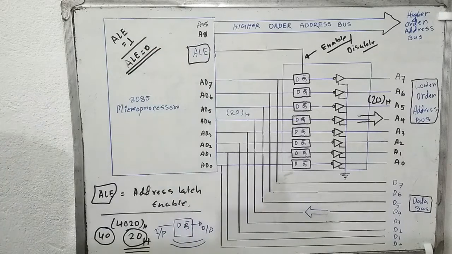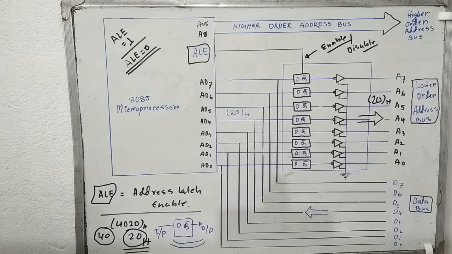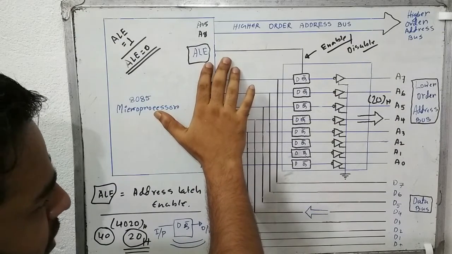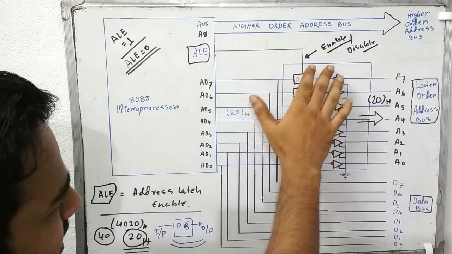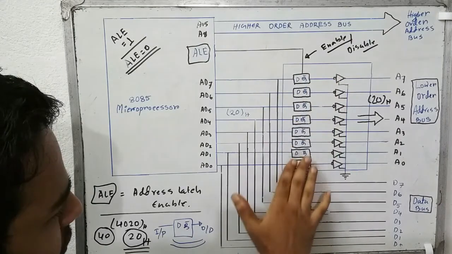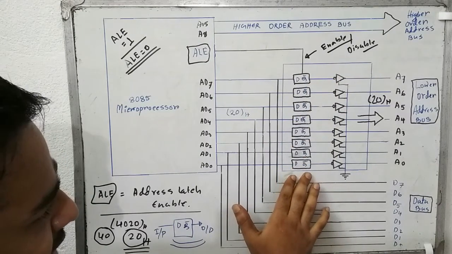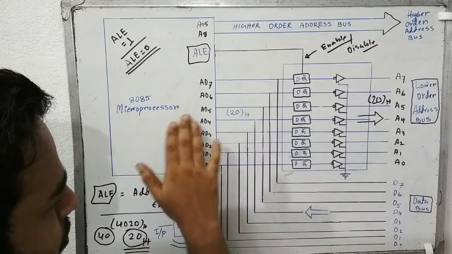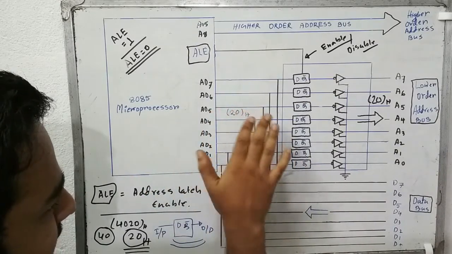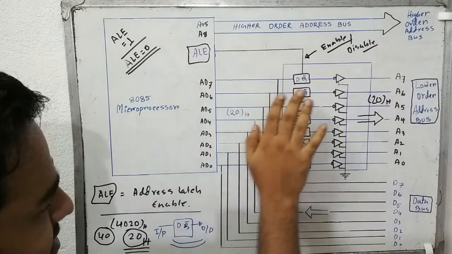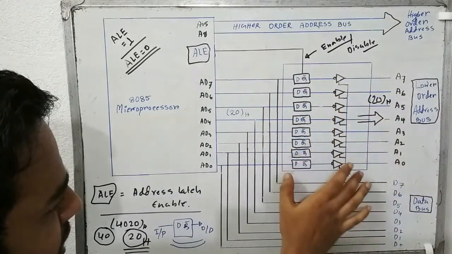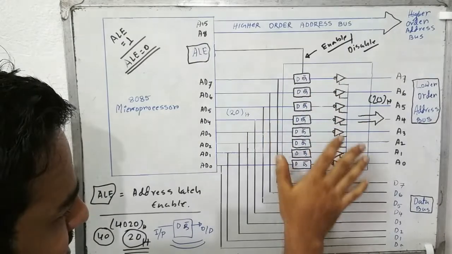If ALE is 0, that means we have provided a low value to the ALE. Low value means all the D flip-flops will be deactivated, the whole circuit will be deactivated. At that moment, if we want to send some byte or data through this time multiplex circuit, the data will not be allowed by that circuit.